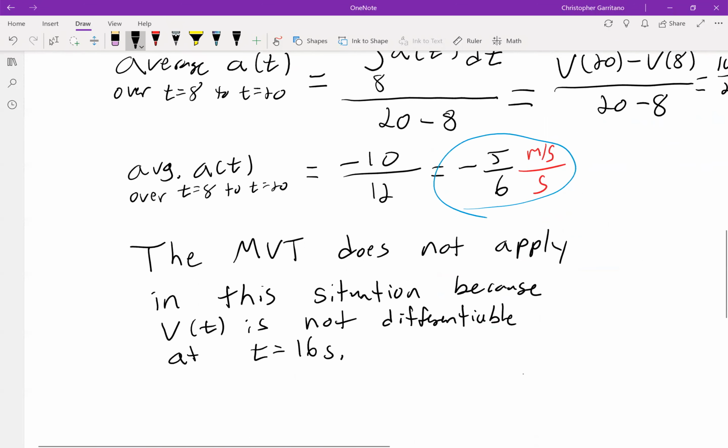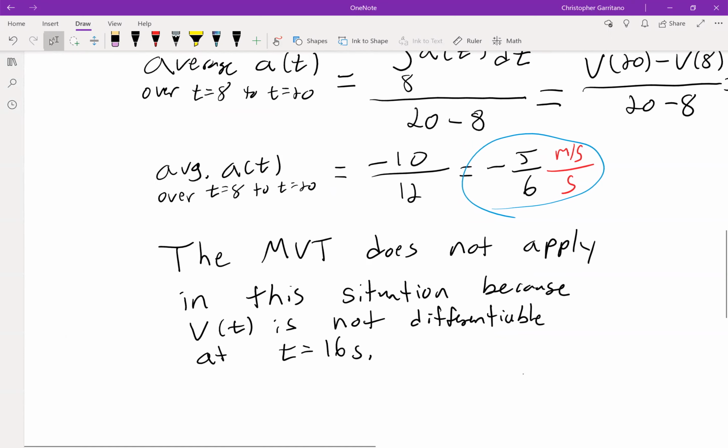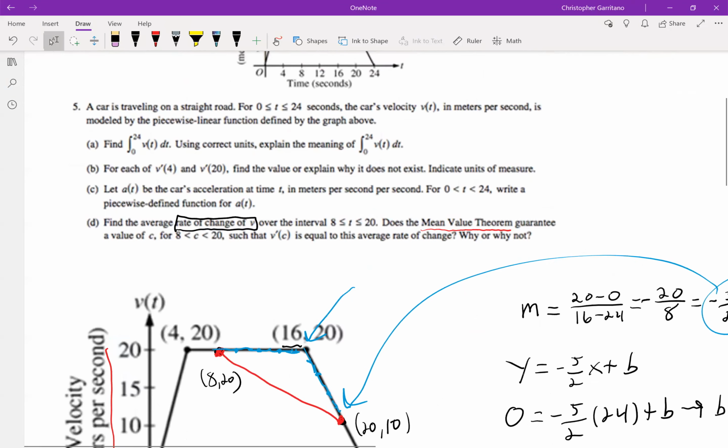Okay, and there you have it. That's problem 5D. A pretty involved problem, but once we get down to parts C and D of these AP problems, they definitely become somewhat involved. This one required a few steps to solve, and that's how they end up going.